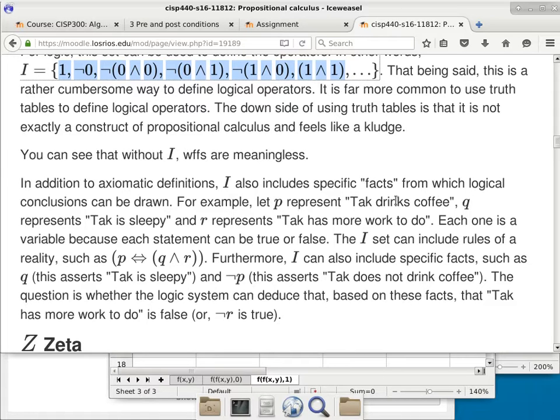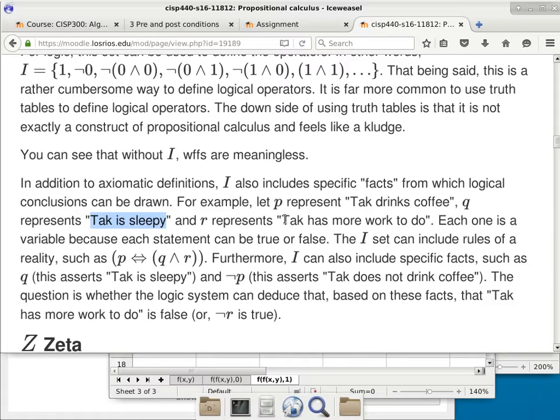But we can also do a little more, getting back to the PQR. In this case, PQR are stating basically facts. They can be used to state facts, but I can use P to represent Tag drinks coffee. Whether P is true or not is a whole different question. It is simply a shorthand of Tag drinks coffee. It can be true or false. It is a variable. And then Q is defined similarly. It's just Tag is sleepy, can be true or false.